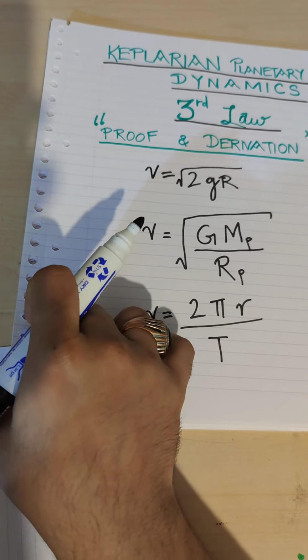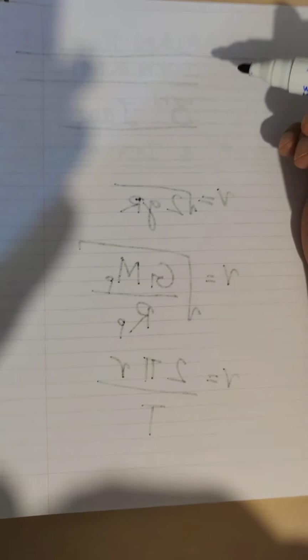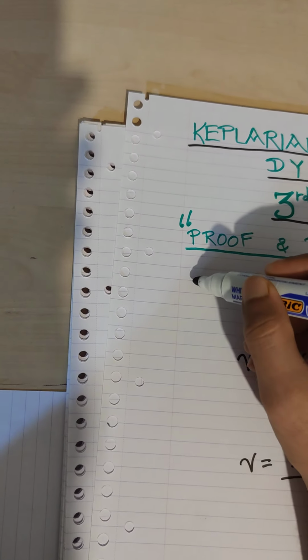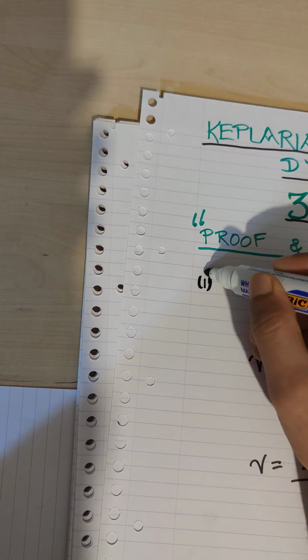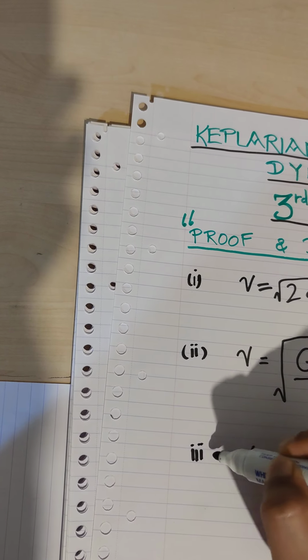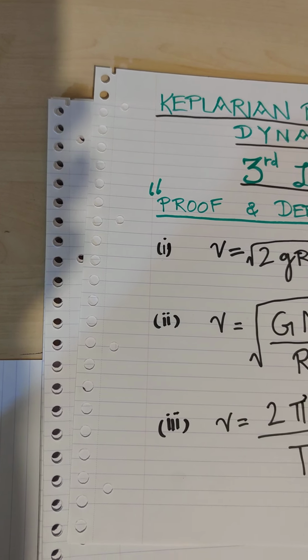So then what you do is you can derive the K3 just by equating equations 2 and 3. That's pretty much it. So we'll equate equations 2 and 3 together.